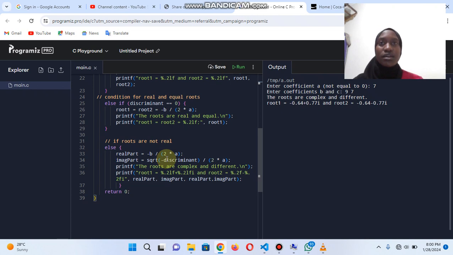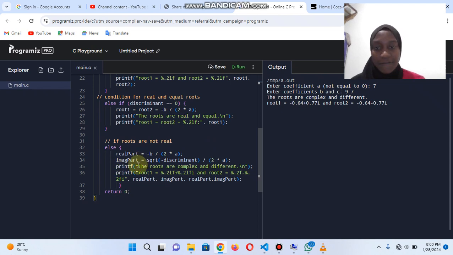Since the real part and the imaginary part are separated by the addition and subtraction operations, they're going to share this 2a. The real part is equal to negative b over 2a, and the imaginary part is equal to the square root of the negative discriminant over 2a.